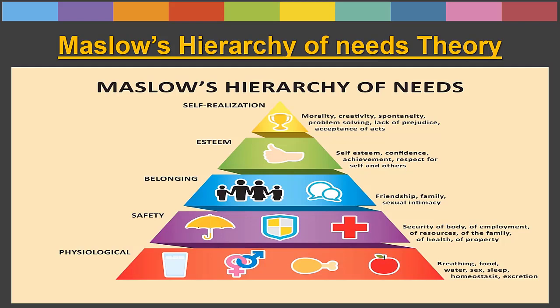If we look right at the bottom, we have our physiological, sometimes referred to as biological, needs. These are the needs that are essential to our survival. Once these needs are met, our safety or security needs become paramount.